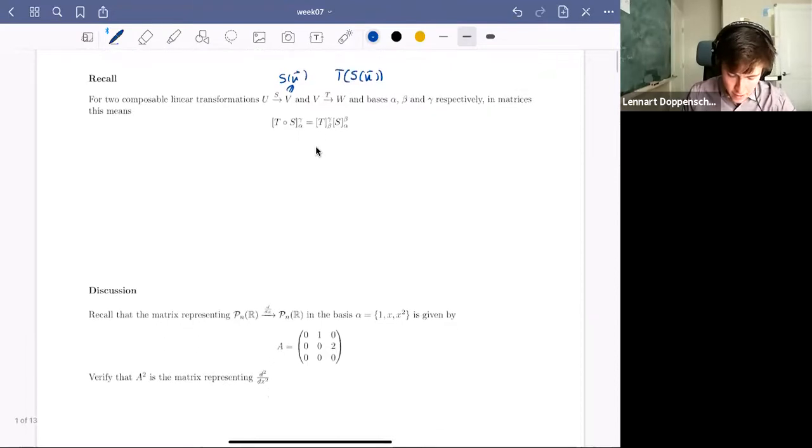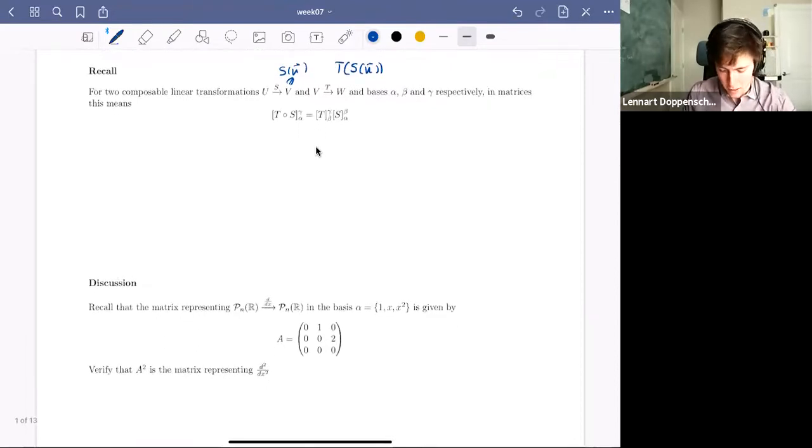In this case, the proposition that we ended up with last time was that the composition has, of course, a matrix that represents this transformation. And this matrix is given by the product of the matrices representing S and T separately.